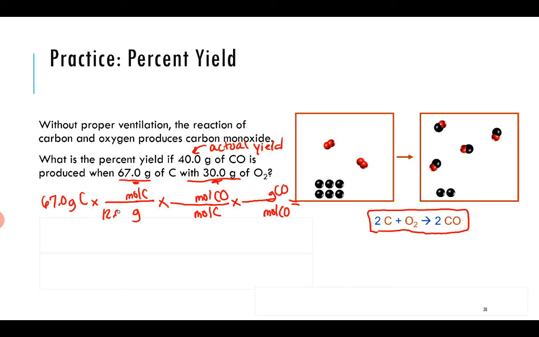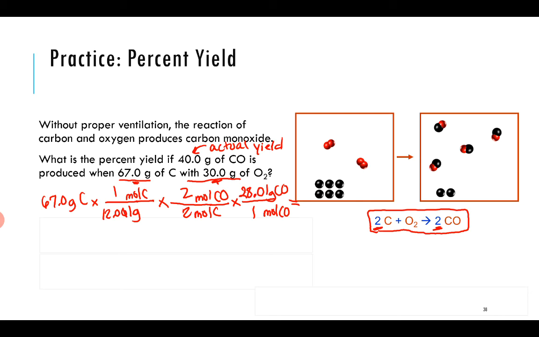We use the molar mass. And the molar mass of carbon monoxide is 12.011 plus 15.999. It's 28.01. That's a 2-to-2 ratio, which is the same as 1-to-1.